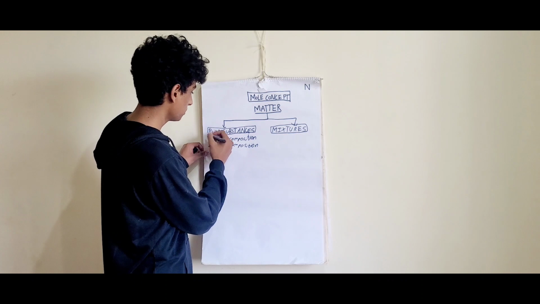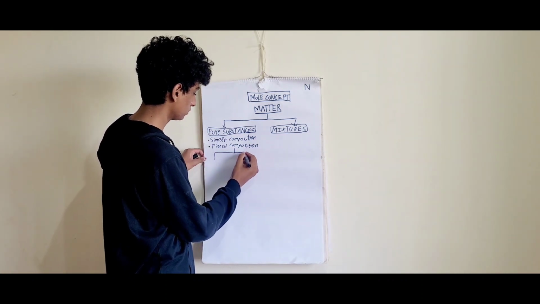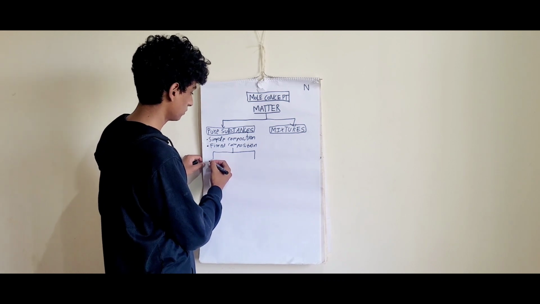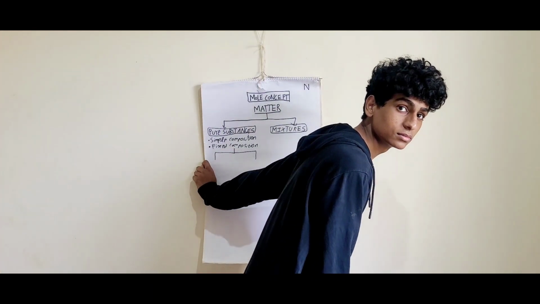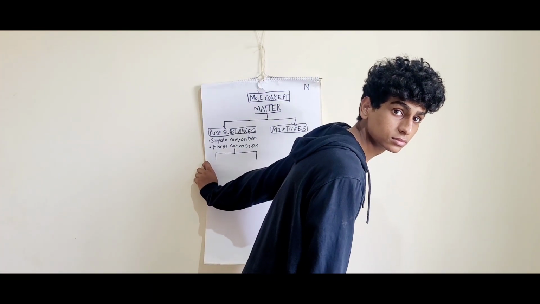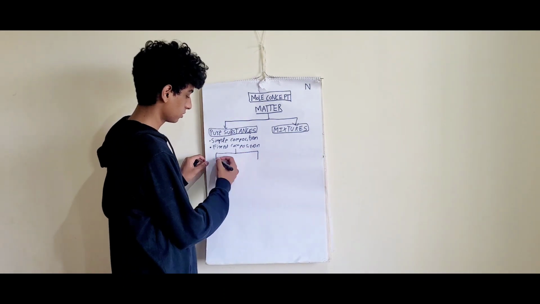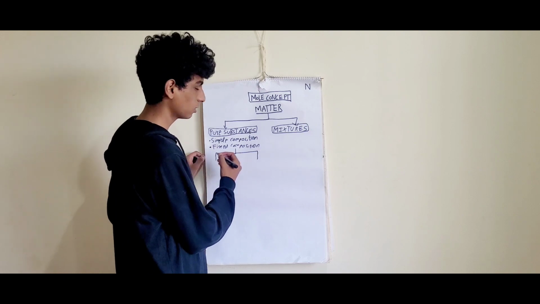And pure substances can be divided into two types. Those two types are elements and compounds, right?